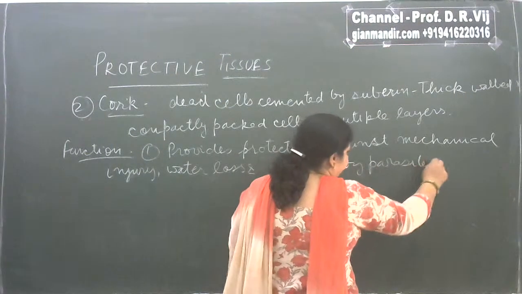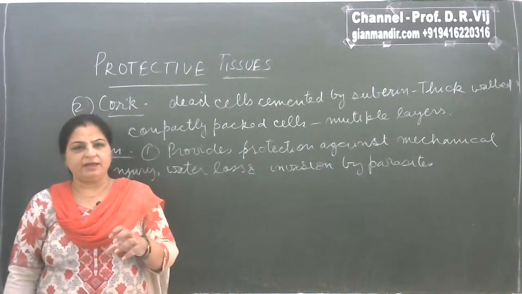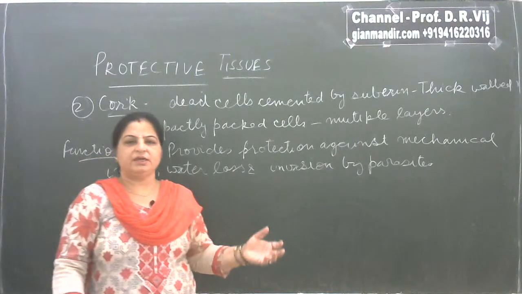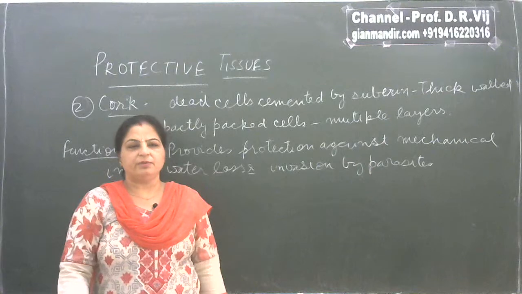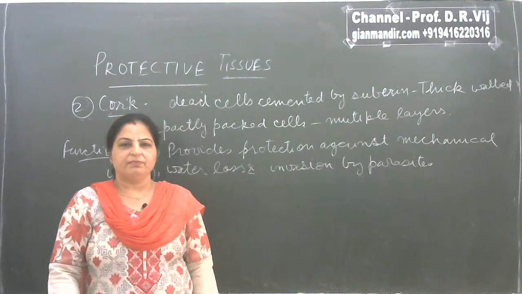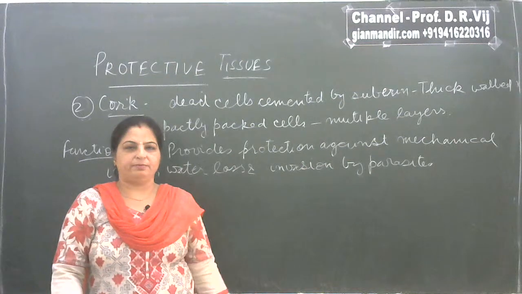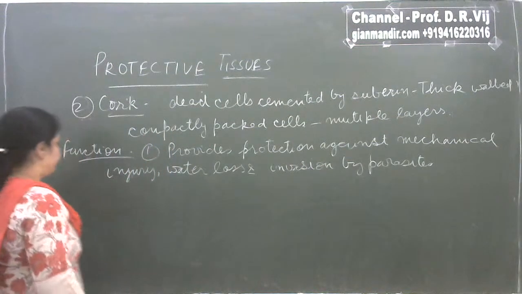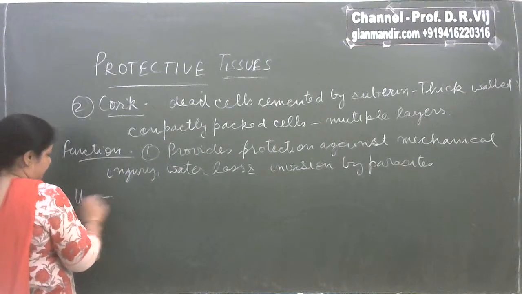As you have seen, the cork cells are very thick walled, compactly packed cells, because of which they provide protection against everything. They provide protection against excessive loss of water. They provide protection against mechanical injury. They also provide protection against parasitic invasion.